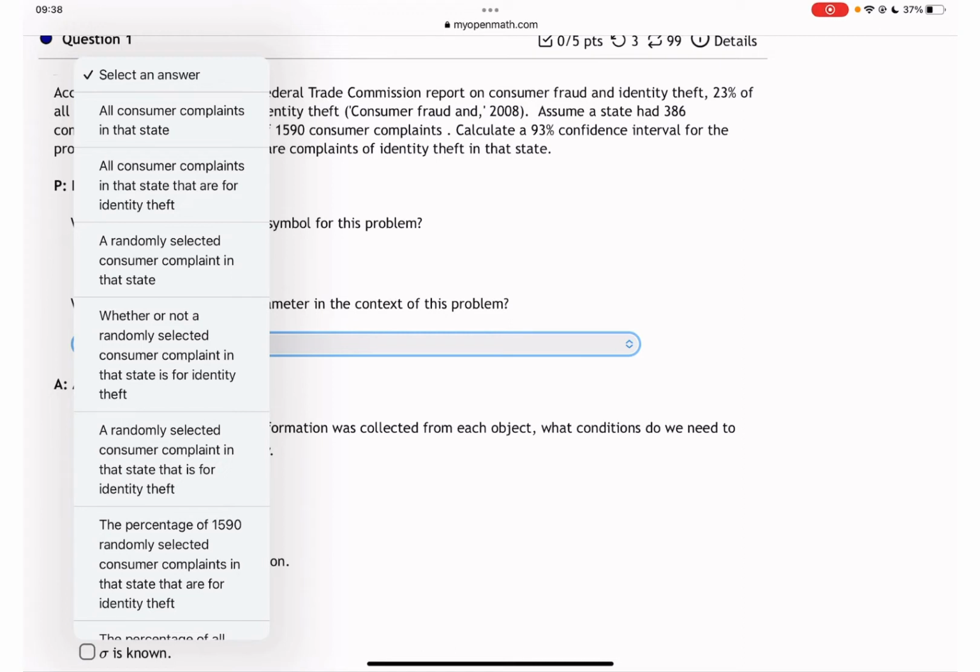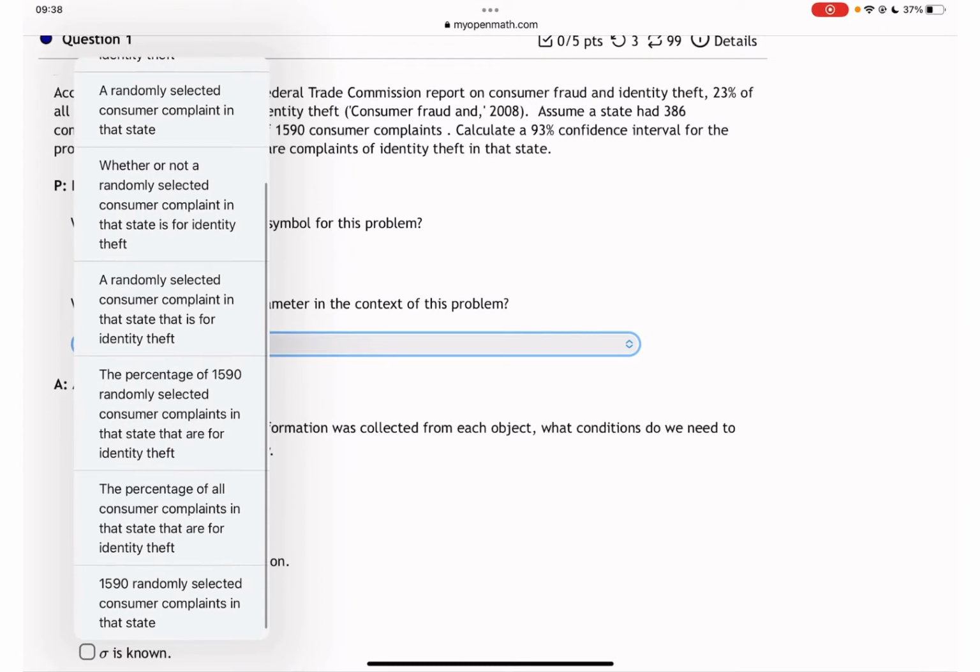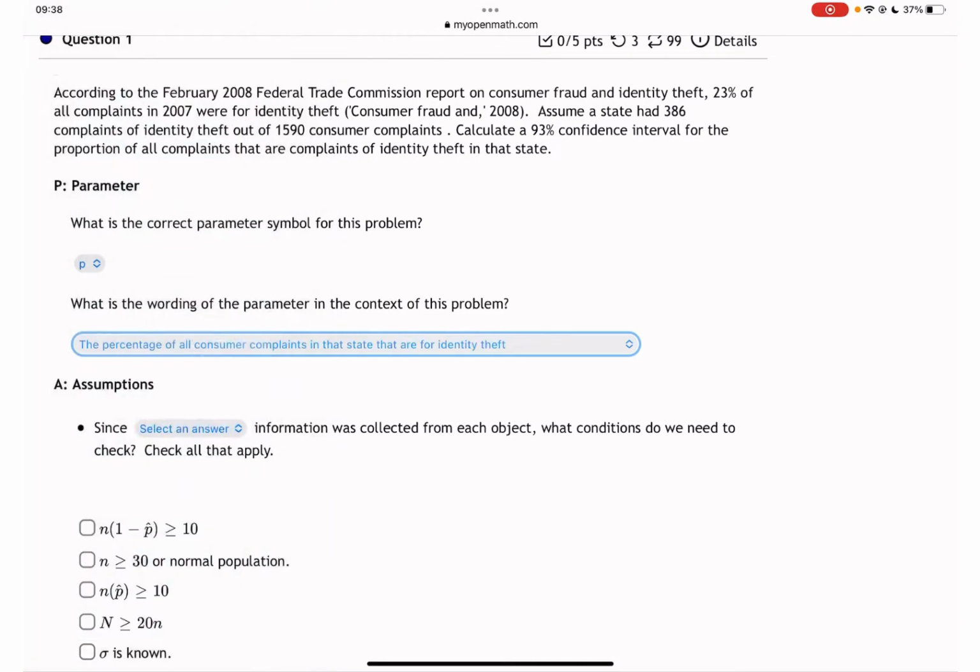I can't choose 1590 because those are randomly selected consumer complaints, that would be a percentage of the sample, but we need P to represent the percentage of all consumer complaints.